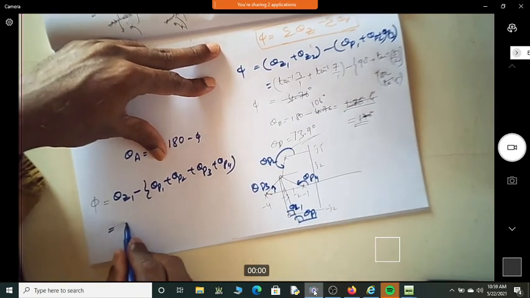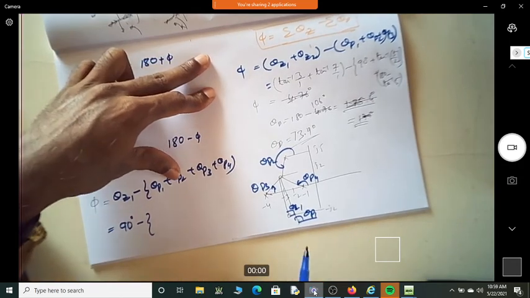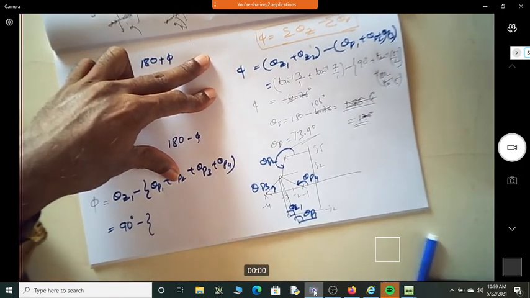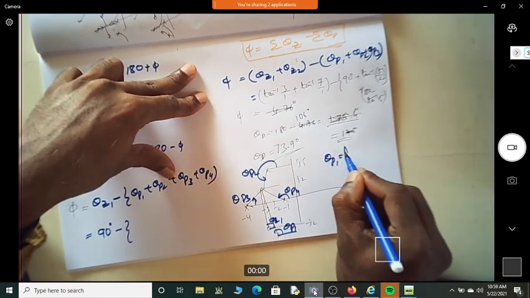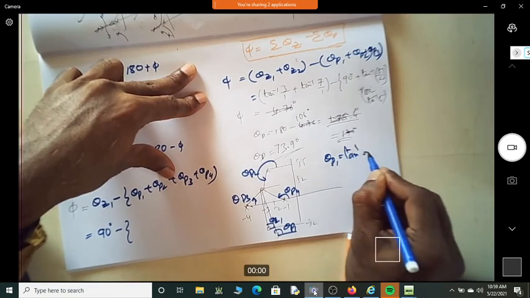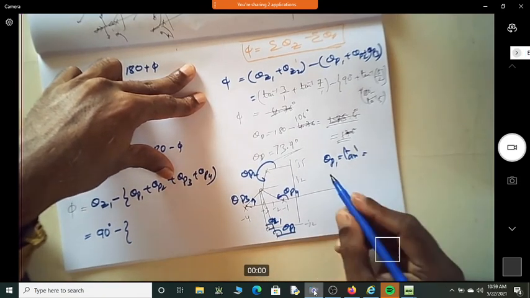Theta z1 is 90 degrees, no? Theta p1, shall I write theta p1 as tan inverse of this angle? This angle. It's not 180 degrees.